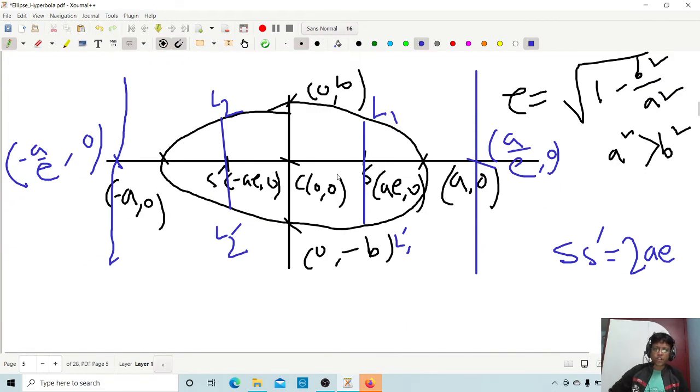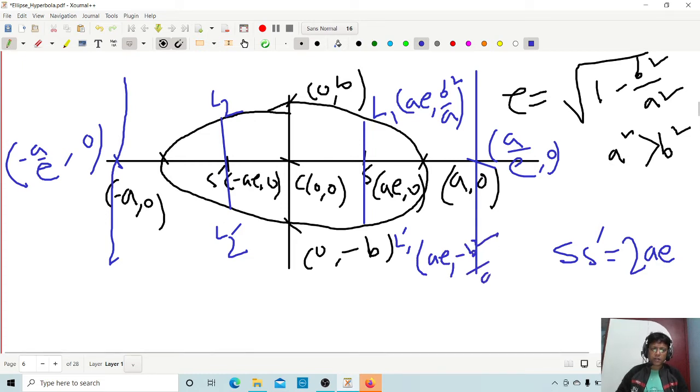You look at that, this length is twice b squared by a units. So this is symmetric about the x-axis. The extremities of the latus rectum are given by ae comma b squared by a, and this one, L1 dashed, is given by ae comma minus b squared by a.